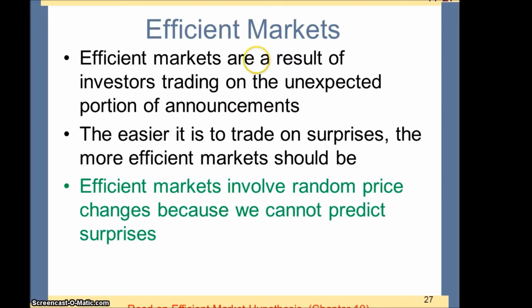Right. Efficient markets involve random price changes because we cannot predict surprises. So surprises, the unexpected components, we couldn't predict. So we call it efficient markets. Random price changes means unpredictable price.